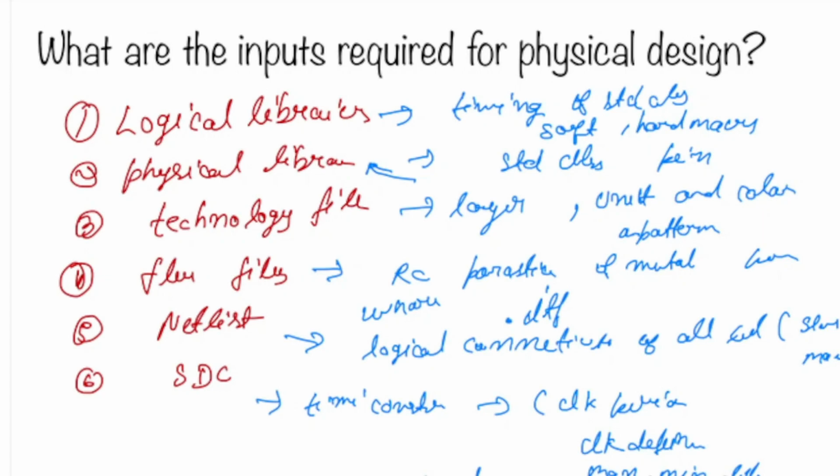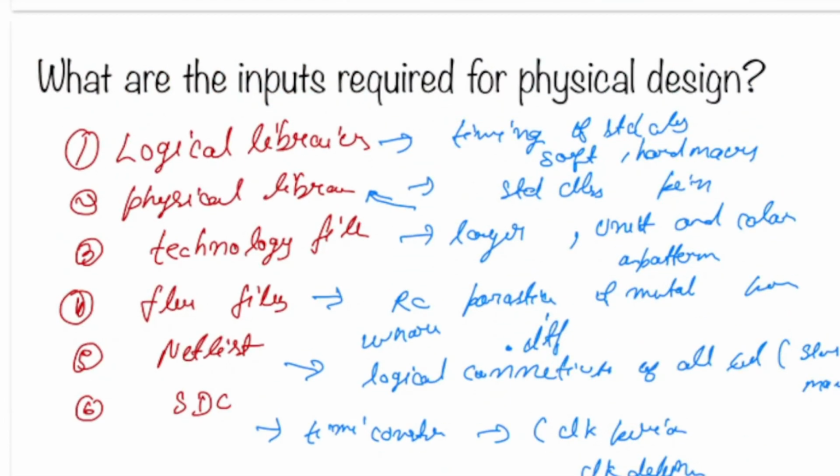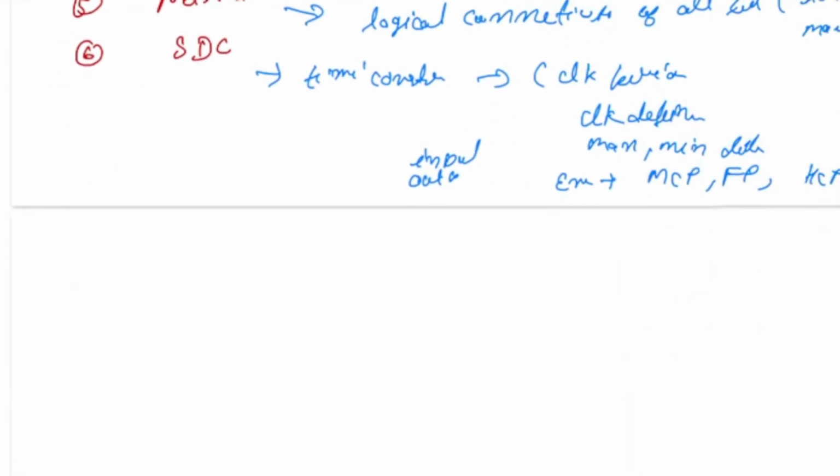All those things come in the SDC timing data. These are the basic inputs required to start with the physical design.